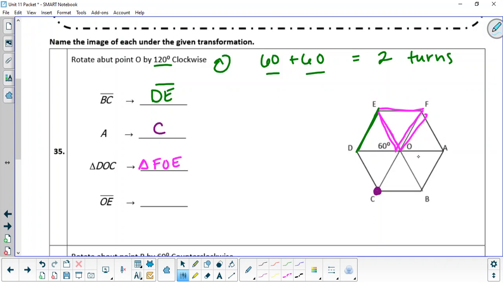And finally, line OE, so this one, if we move it 2 turns clockwise, becomes line OA.